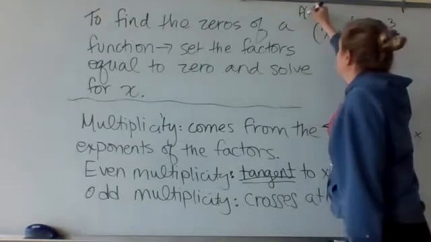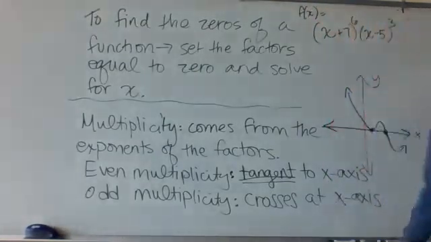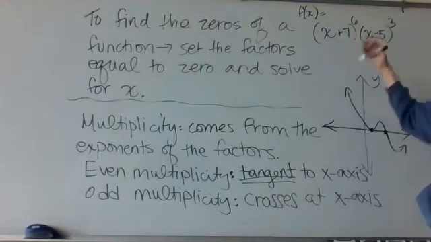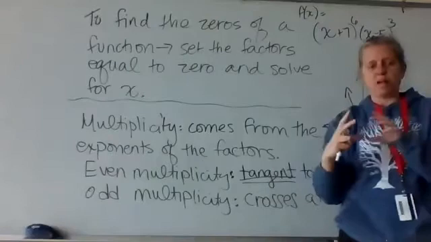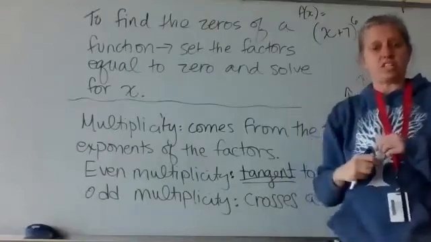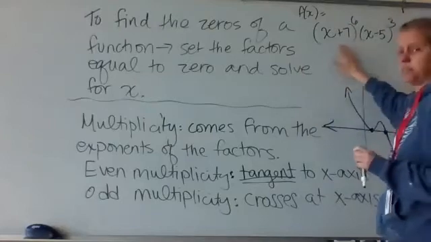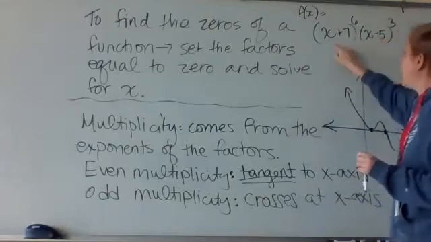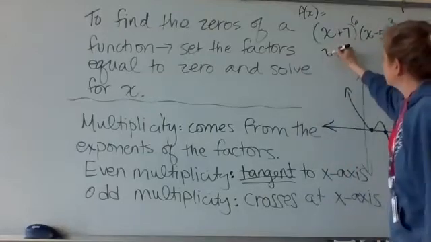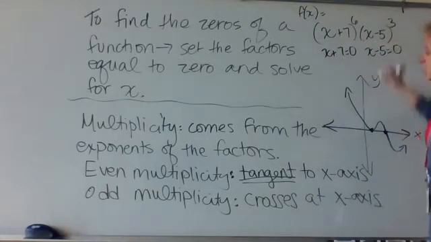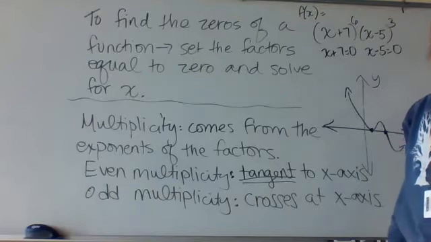It's just missing the f of x. These are your factors, the two things that are multiplied together. If I was going to find the x-intercepts of this particular function, I would set each of the factors equal to 0 and solve them for x.